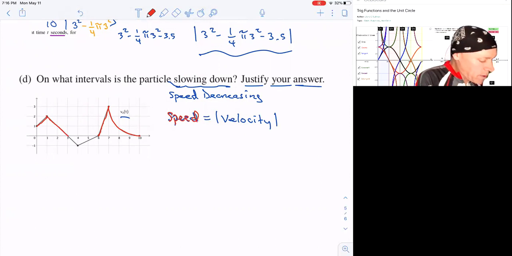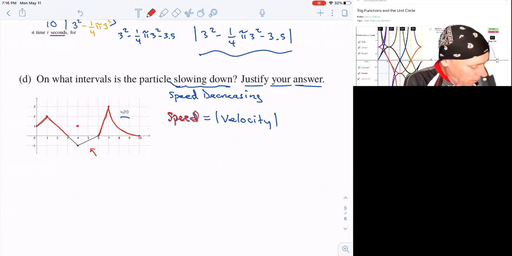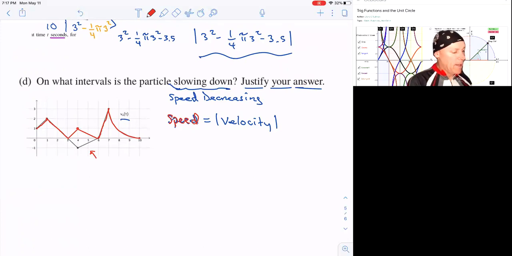It's just this portion here where velocity is negative. So what I got to do basically is just flip that. So I'm going to take this and just flip it over the x-axis. So that's going to go up here like this. Okay. Sweet. All right. So that in red, that is the speed graph.